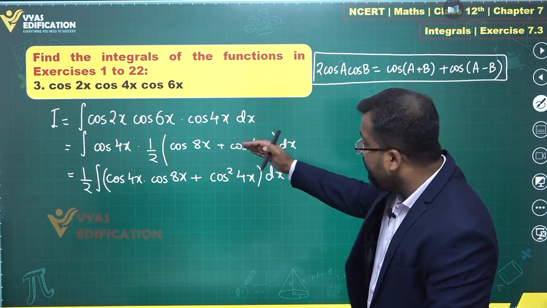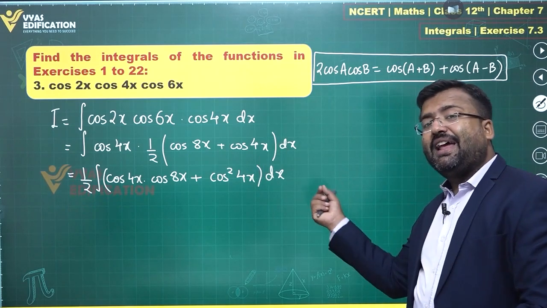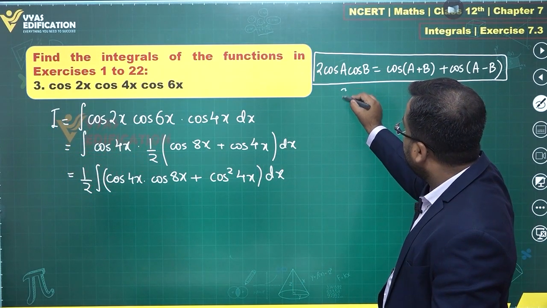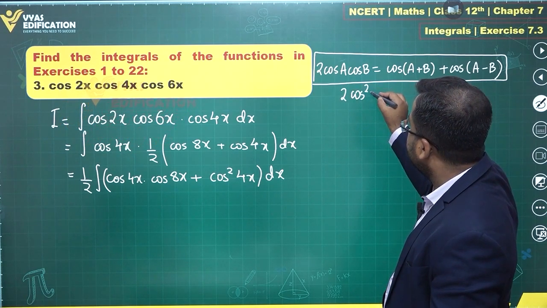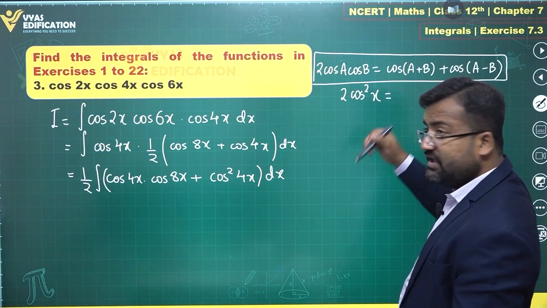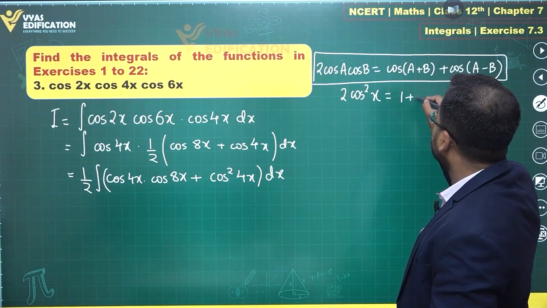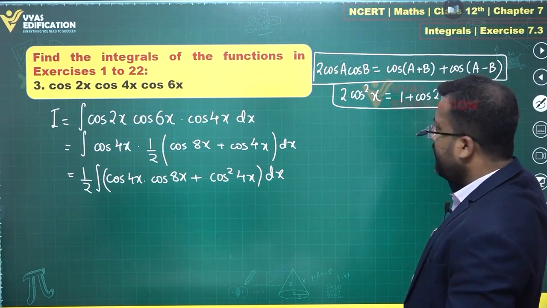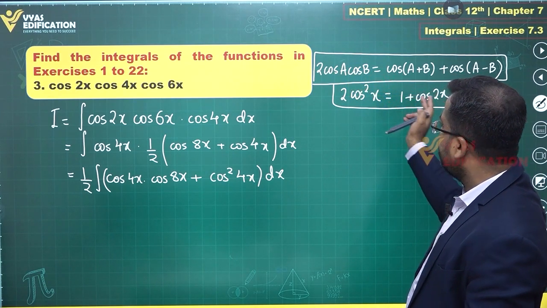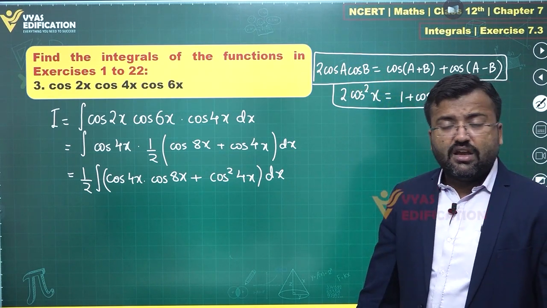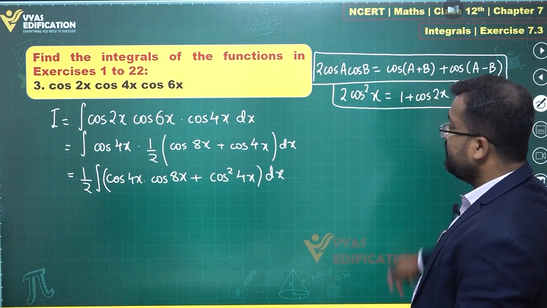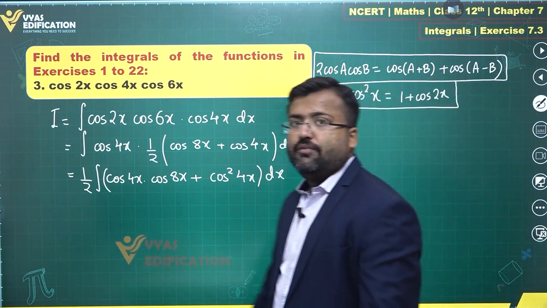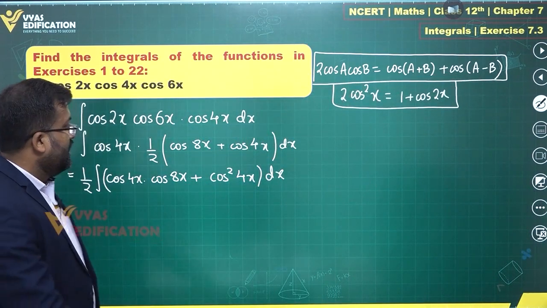This power can be reduced by converting into a multiple angle, and that is what you'll be doing. 2 cos square x is also equal to 1 plus cos 2x. This is another result. You remember that cos 2x can be written as 2 cos square x minus 1. Therefore, 2 cos square x can be written as 1 plus cos 2x, or cos square x can be written as (1 plus cos 2x) by 2. And that is something you should be using.